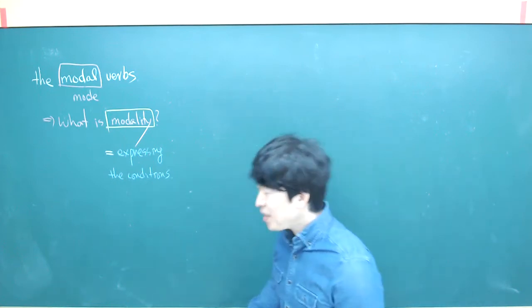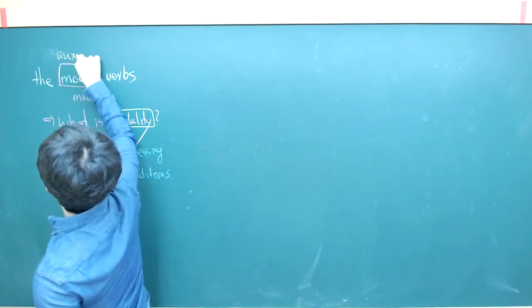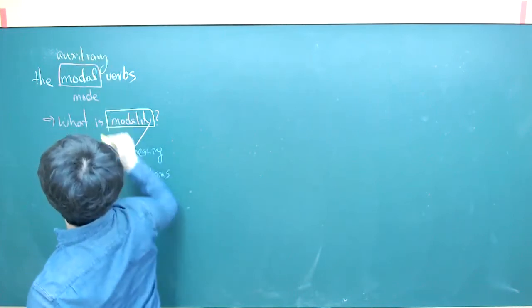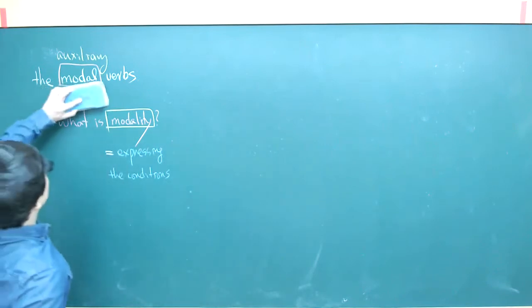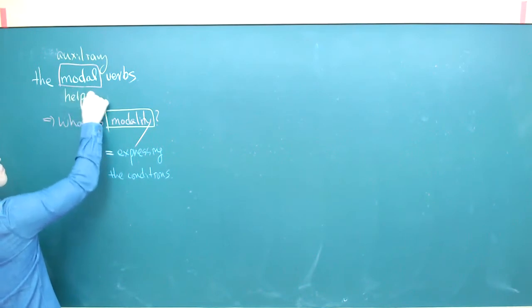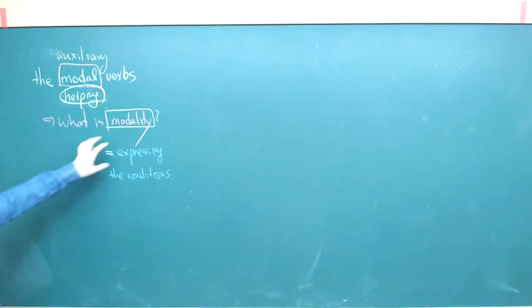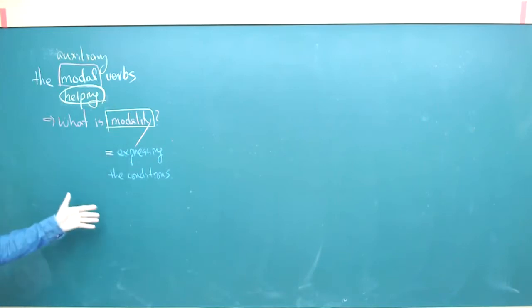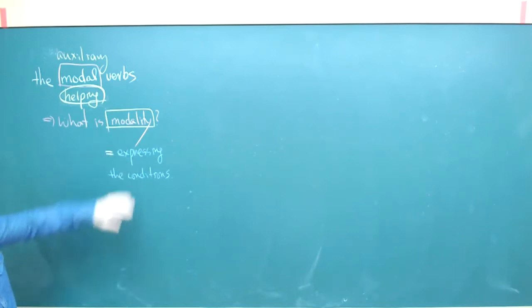You can say modal verbs or auxiliary verb, or the easiest form will be the helping verb. So the modal verbs help the main verb to add the meaning of the conditions, expression of the conditions.